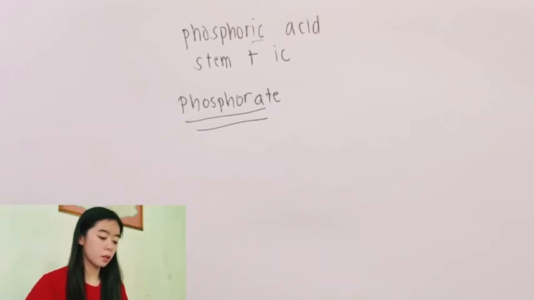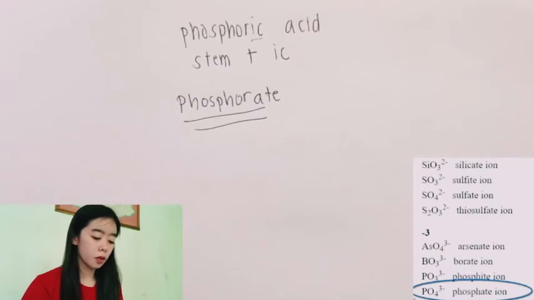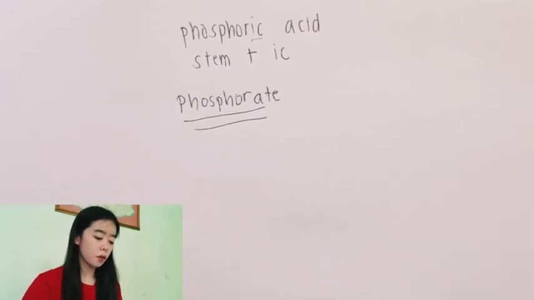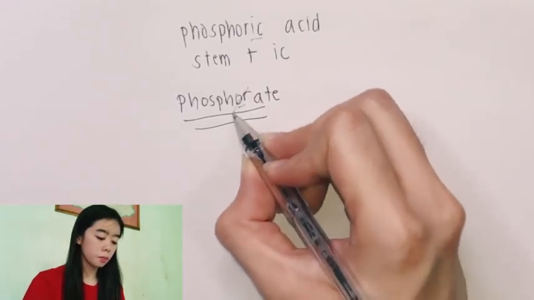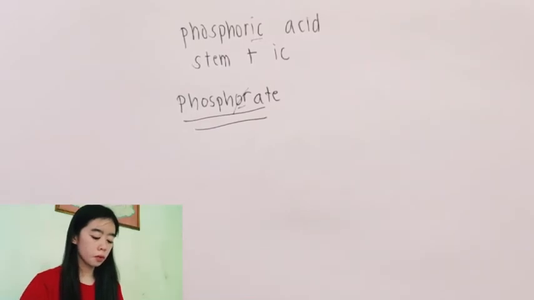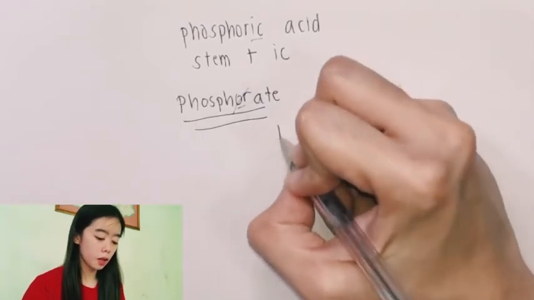Second, look for the ion on the common ion table. This is PO4 3-. If we fix this phosphorate, we can see the phosphate, not phosphorate. So we will remove the OR in phosphorate. So we have the PO4 3-, the phosphate ion.